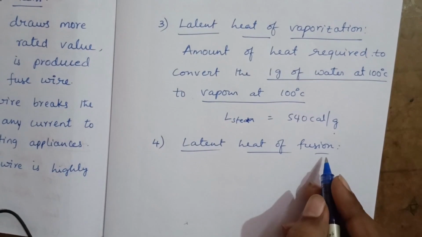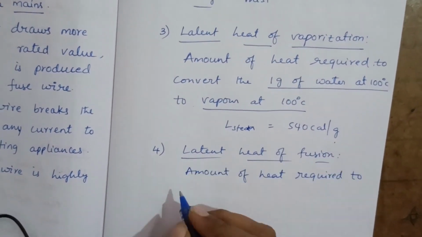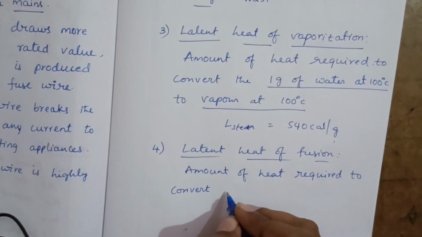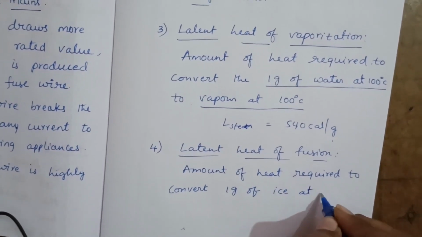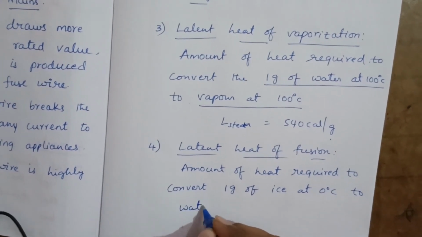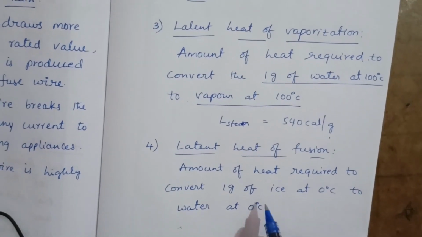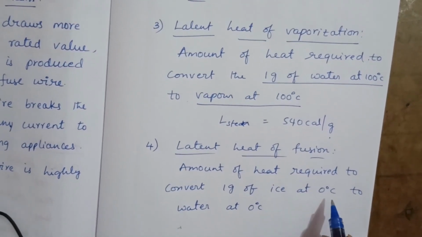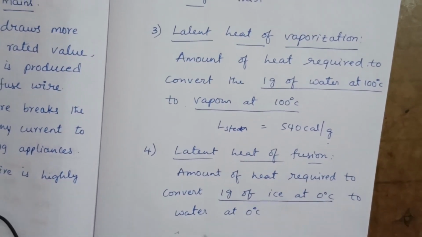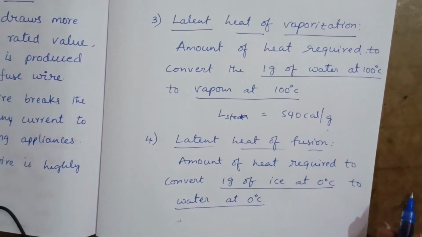Next, latent heat of fusion. The amount of heat required to convert 1 gram of ice at 0 degrees Celsius to water at 0 degrees Celsius is known as latent heat of fusion.